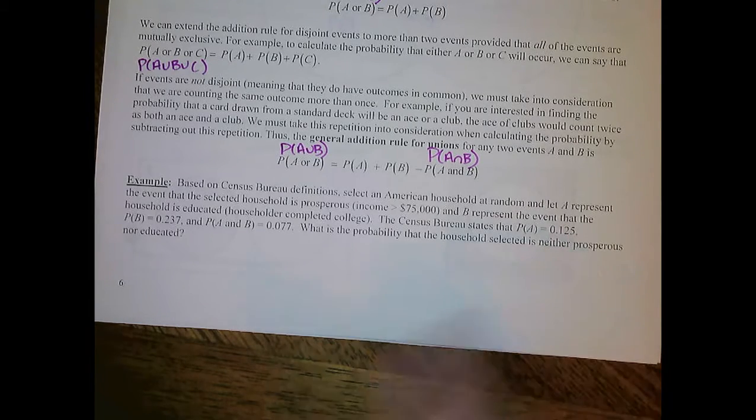The probability of event B, having a householder who has completed college, is 0.237. And the probability of A and B, meaning that the householder completed college and makes over $75,000 a year, is 0.077. What is the probability that a household selected is neither prosperous nor educated?